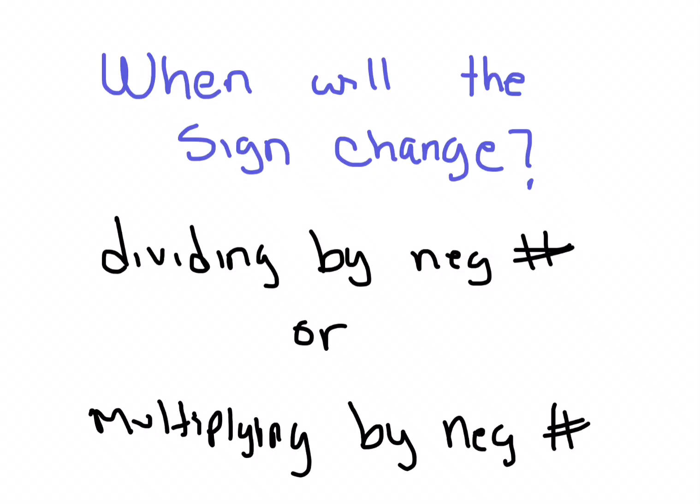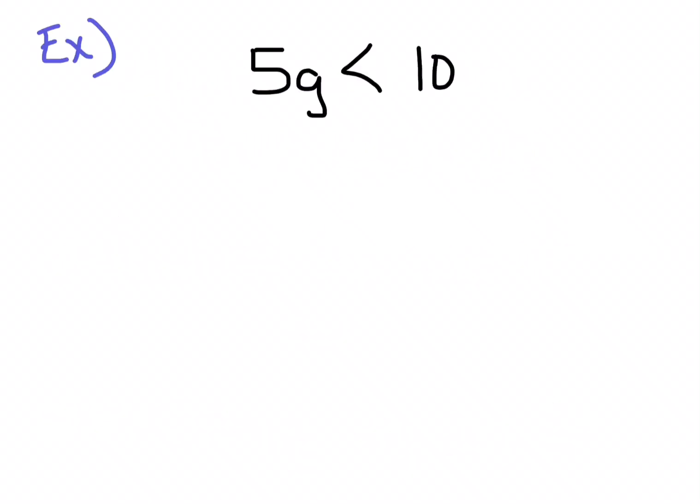These are the only times that we're going to change the sign. If none of these apply, then you just move on and leave the sign the way it is. Okay? So here are some examples we're going to do.